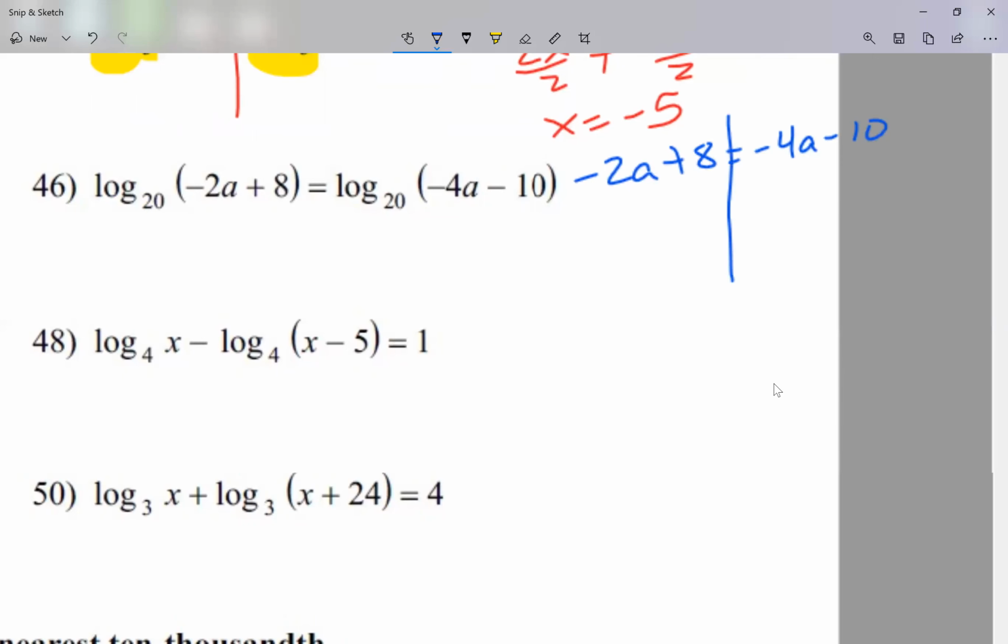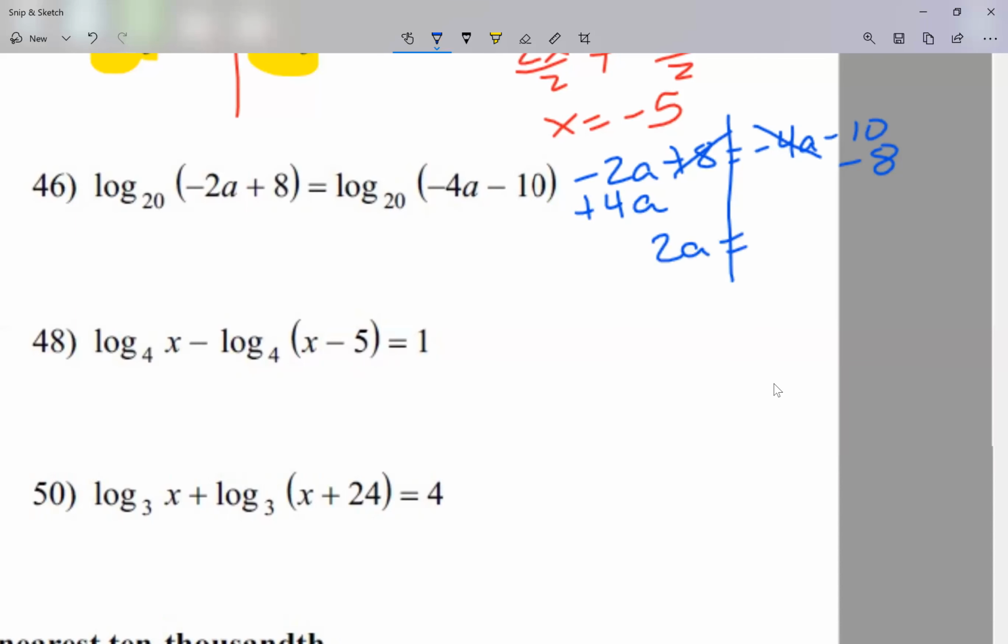All right, let me solve for a. So this negative 4a, let me move it over as a positive 4a. And this positive 8, let me move it over as a negative 8. Letters on one side, numbers on the other. Whenever you move something from one side to the other, you got to switch the sign. Now, negative 2a plus 4a, that's going to be 2a.